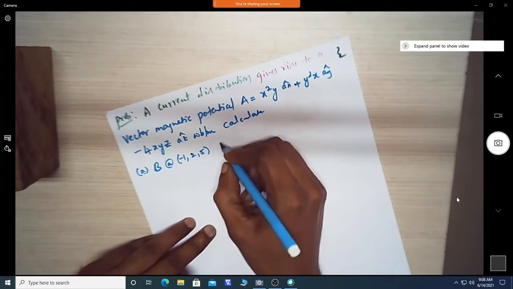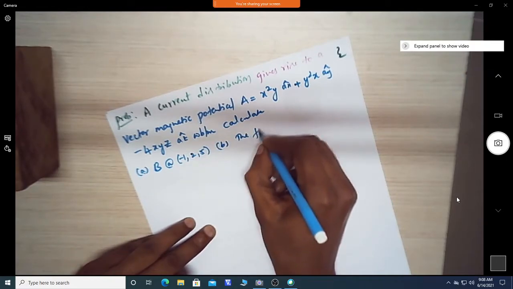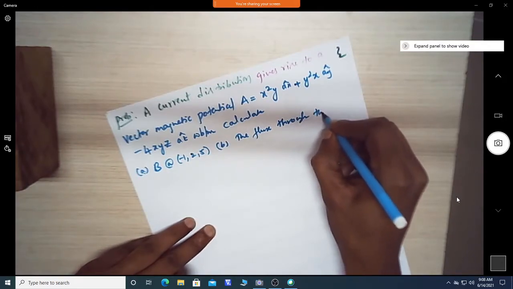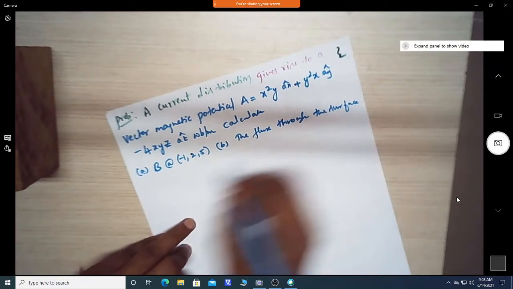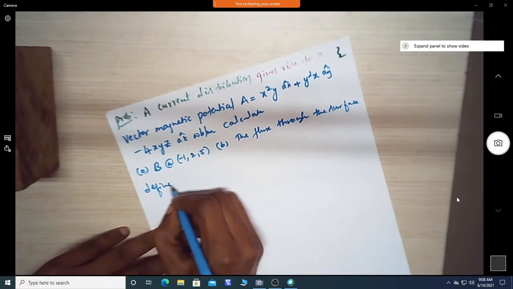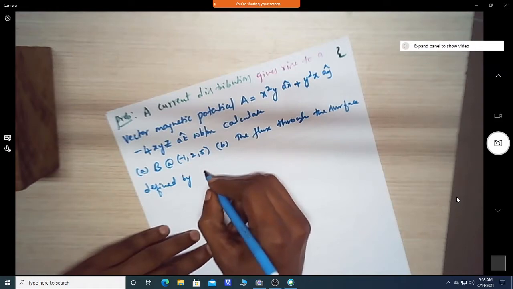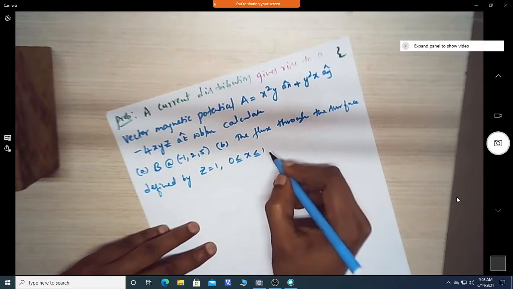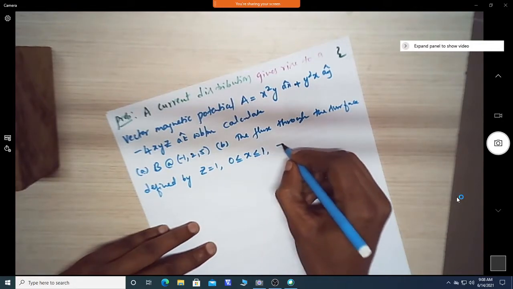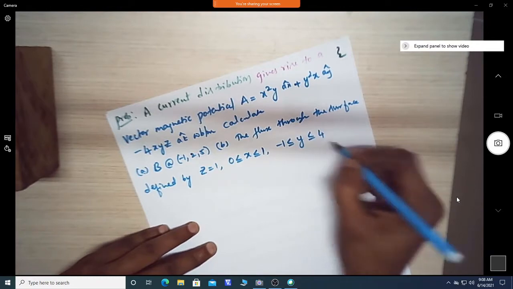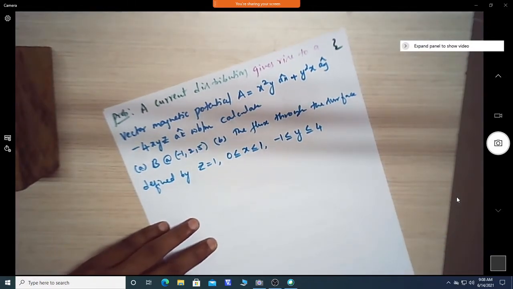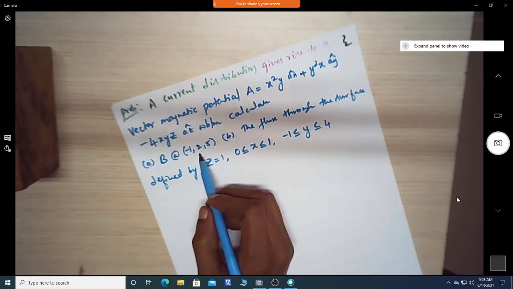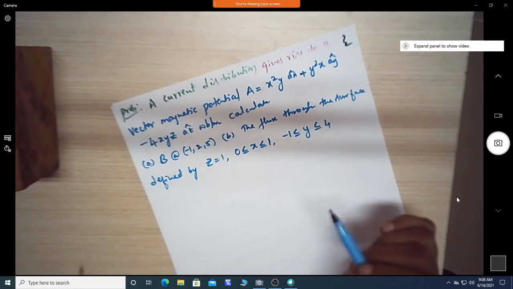Okay, and the second one, the flux through the surface defined by z equal to 1, and x varying between 0 to 1 and y varying between minus 1 to 4. Okay, so this is the problem. We need to find the B at this point and also the flux through this surface.